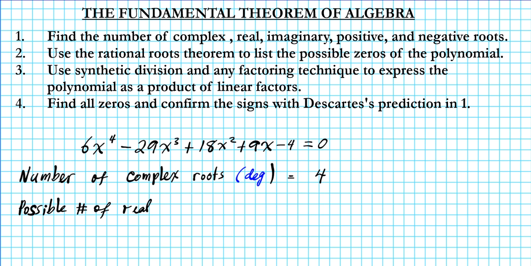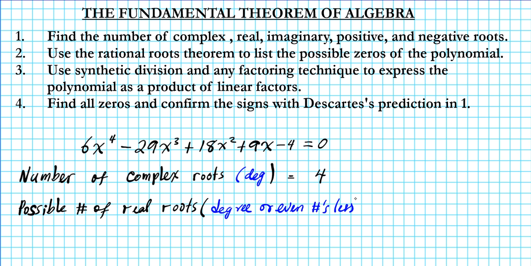This is basically the degree or even numbers less than the degree. So you just subtract 2, 4, 6, 8 from the degree until you end up with 0 or greater.